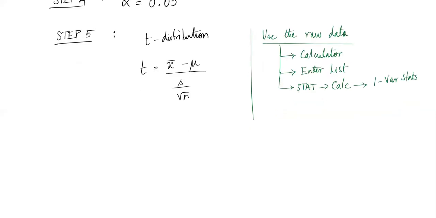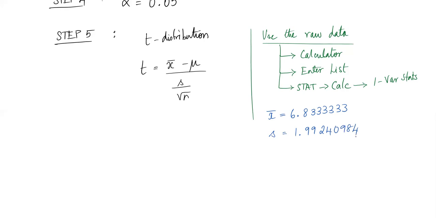And I did that at my end, and I found x bar to be 6.833333, right? And then the s came out to be 1.99240984.